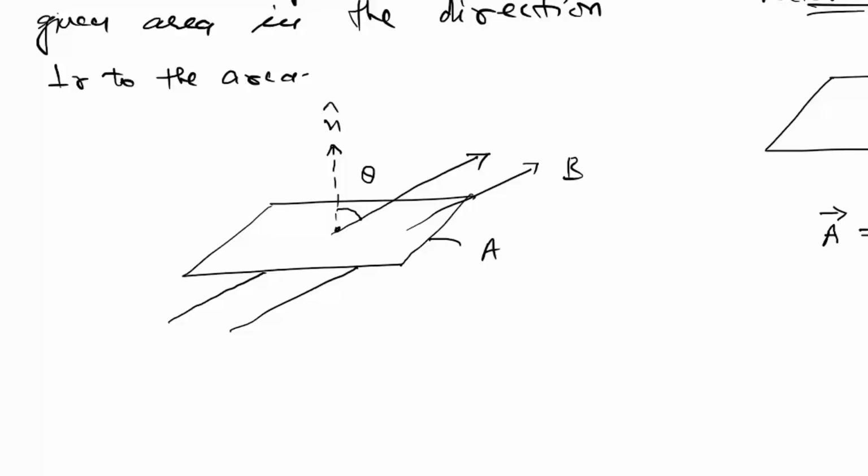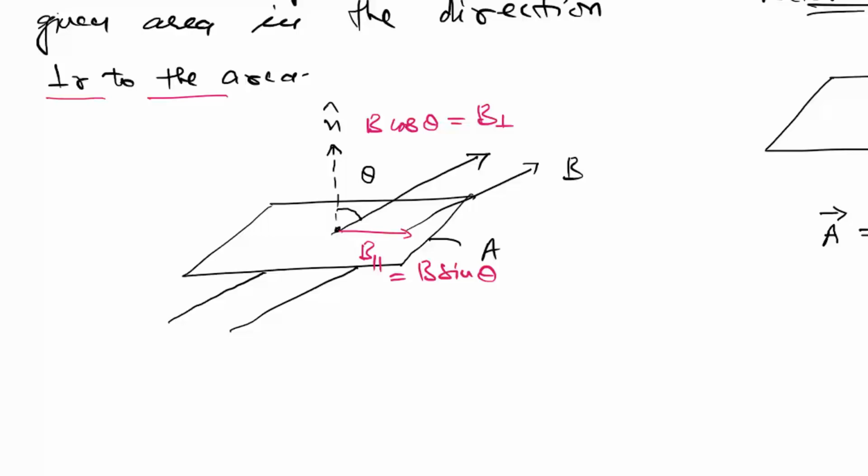The component of this magnetic field in the direction of the unit normal, what would that be? That would be B cos theta. So that component is basically the perpendicular component. Similarly, we have the parallel component, that is B sine theta. But we are interested only in the magnetic field that is perpendicular to the area.